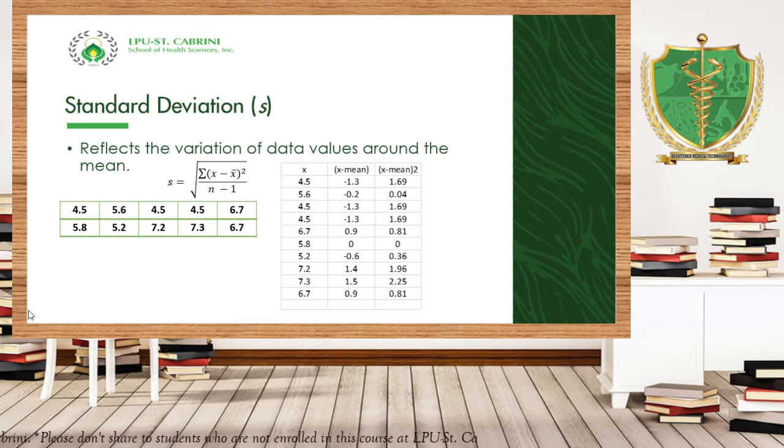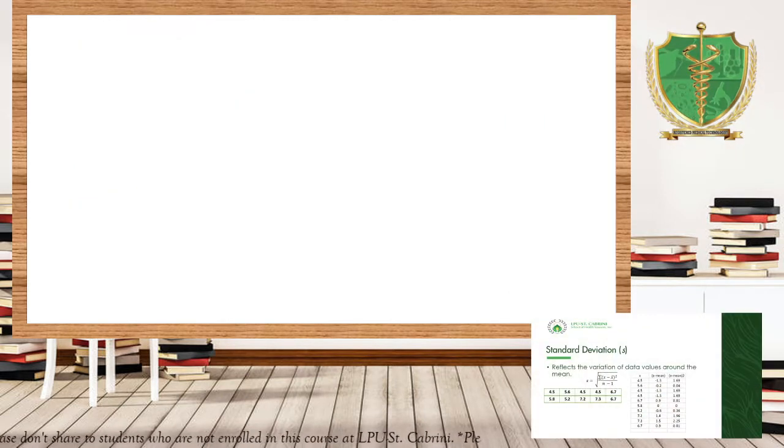I already have our x values and our mean, and the x minus mean squared is this one. We are just going to sum this to get the summation of x minus mean squared. So we are going to compute that.